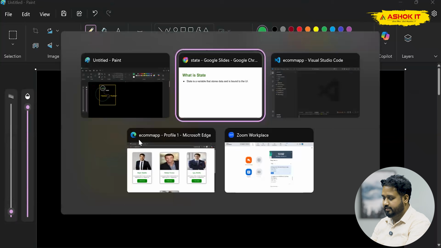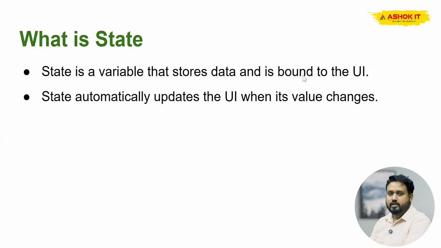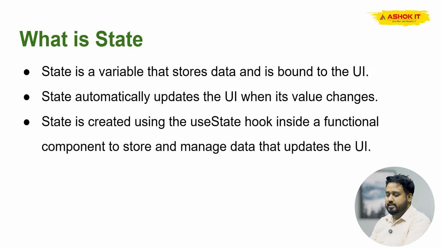So this is how state helps us to make our UI dynamic. So what is state basically? It's a variable that stores the data, and we can bind that data to the UI. Now, state automatically updates the UI when its value changes. Just now I explained in the diagram, whenever you update that state, it automatically updates your UI. State is created using the useState hook inside a functional component.